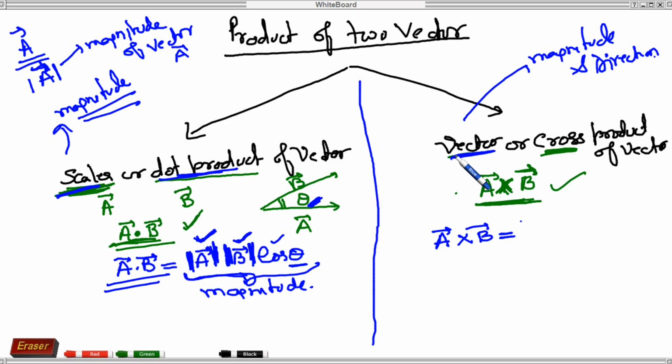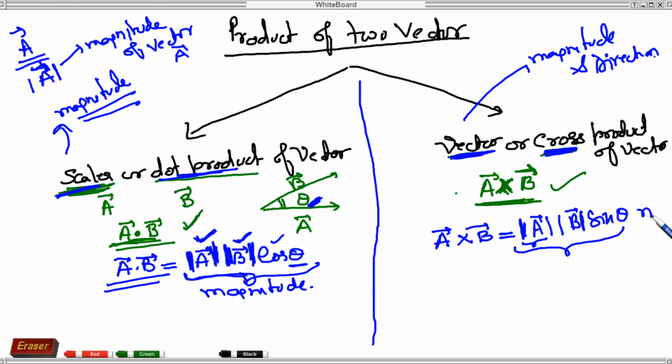So cross product of this will give us the vector quantity. We can write it like this: modulus of A, that's the magnitude of A, modulus of B sine theta. This is the magnitude and some unit vector.